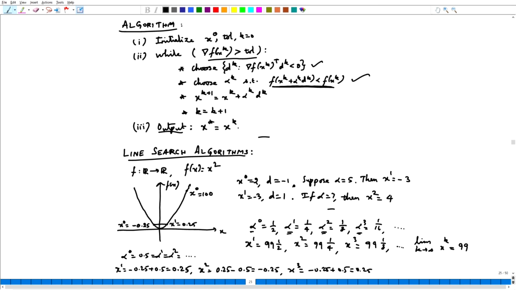So, initialize x 0, tol, k equal to 0, while norm g k greater than the tolerance, you choose some descent direction, choose alpha k and so on. So, in every method we are only changing how we choose d k and how we choose alpha k. Here I have given you the explicit formula, d k is minus h k inverse g k and alpha k is equal to 1. So, wonderful, let us just write down the algorithm.